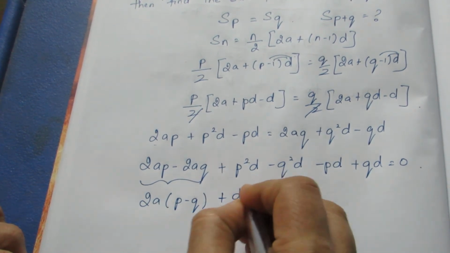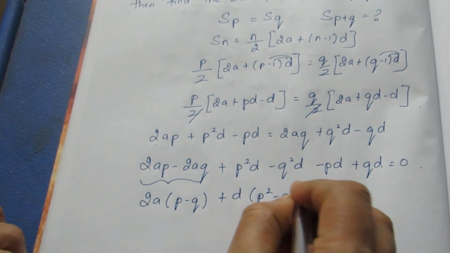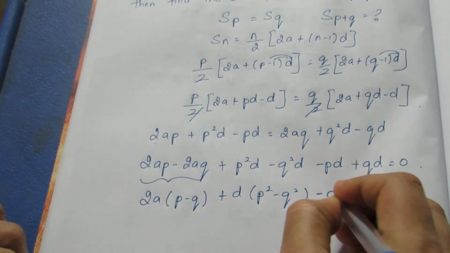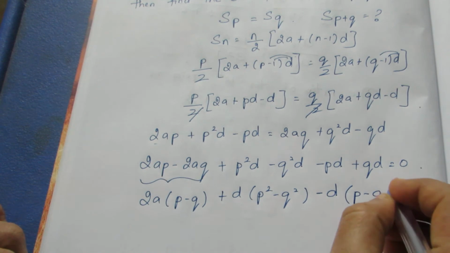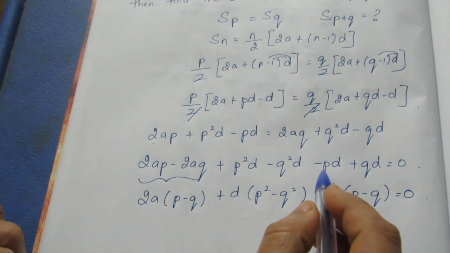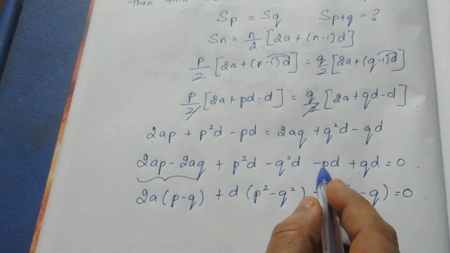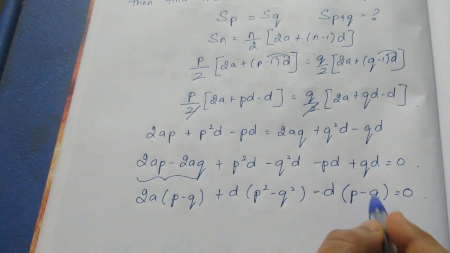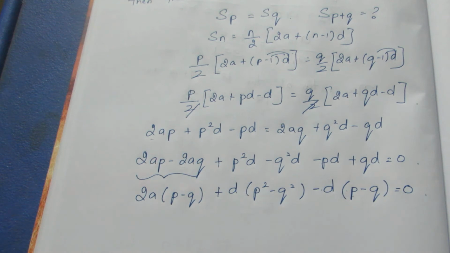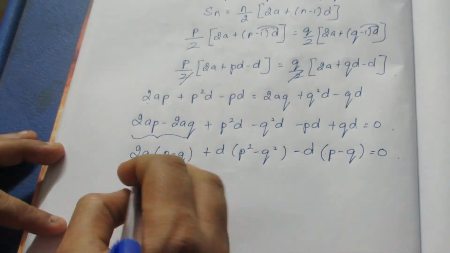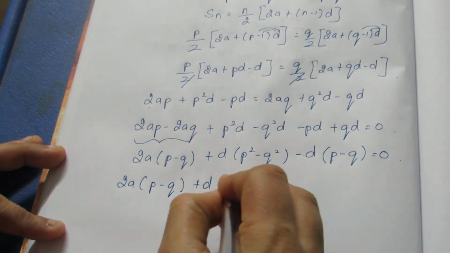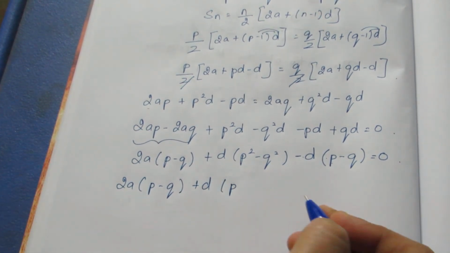Taking D common, here it becomes P square minus Q square. The same way I am taking minus D outside to write this to be P minus Q. If I take minus D outside, there will be P plus P here. Same way minus into minus will become plus, so plus Q, minus Q. Now this can be written as P minus Q plus D. Here this can be written as, it is in the formula of A square minus B square.